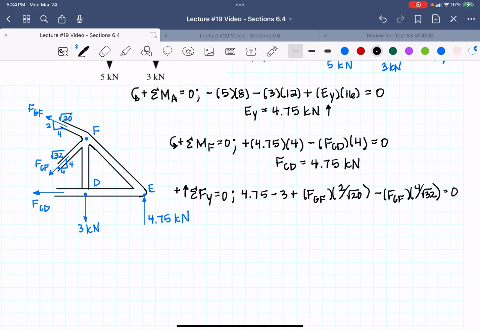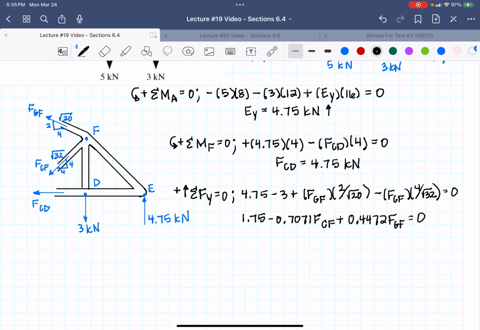So if I solve that, I get 1.75 minus 0.7071 FCF, whoops, that's wrong. Oh, that's FCF. And plus 0.4472 FGF equals 0.